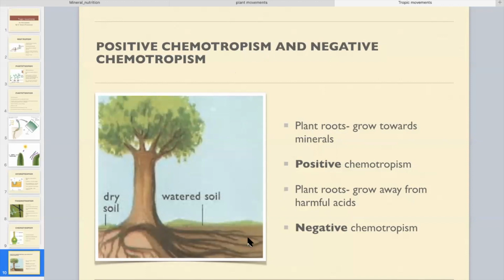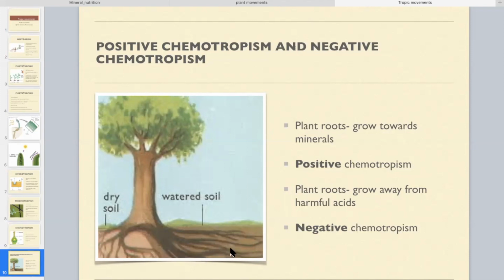What is meant by good soil? Good soil means where a lot of minerals are present. Towards that area only, the roots will grow. So moving away from toxic substances is called negative chemotropism, whereas moving towards the minerals, the major elements and minor elements, is called positive chemotropism.